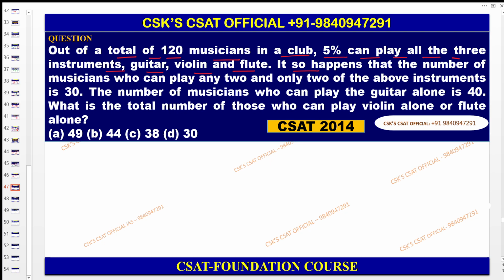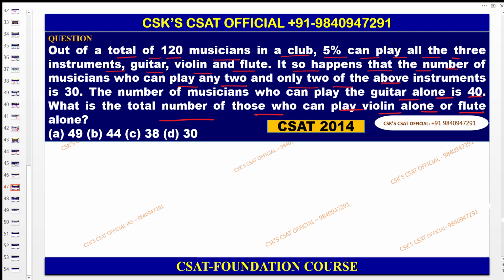It so happens that the number of musicians who can play any two and only two of the above instruments is 30. The number of musicians who can play the guitar alone is 40. Then what is the total number who can play the violin alone or flute alone?